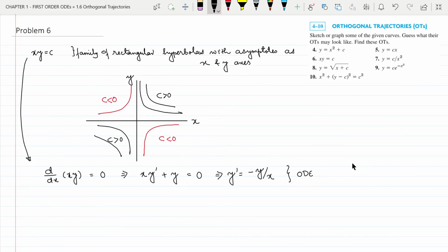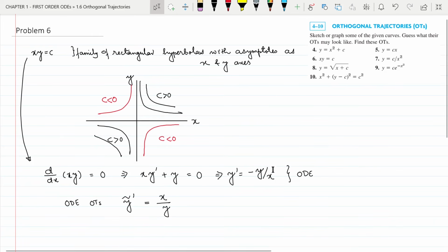So to obtain the orthogonal trajectories, we will write y tilde dash equal to 1 by this minus y by x, which is x by y. We have taken the negative and the inverse of this, so that is x by y.